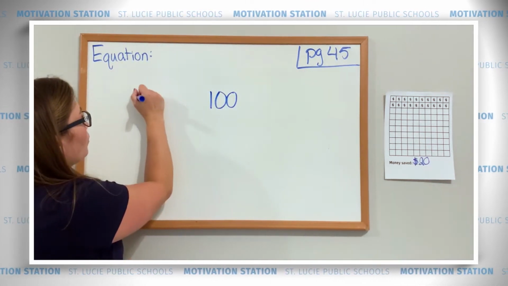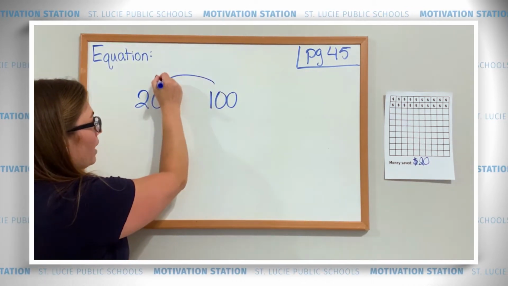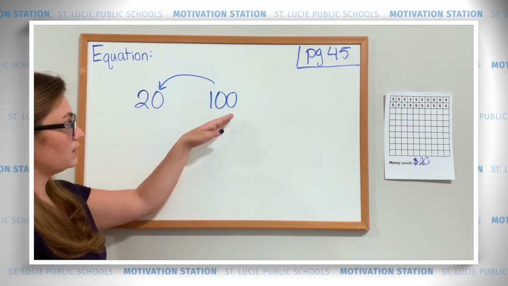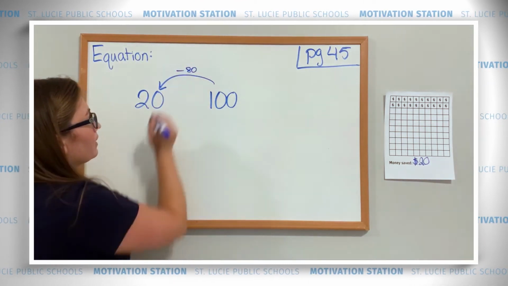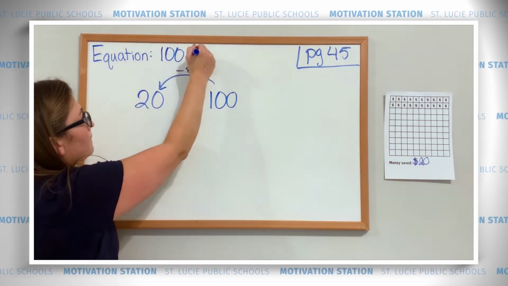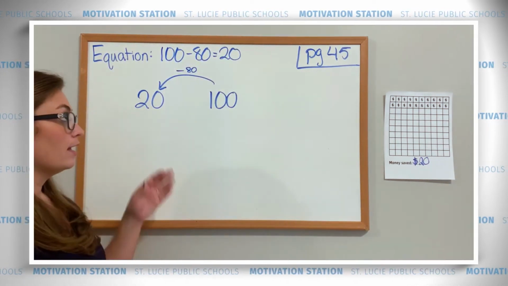Right now, we only have 20. What subtraction jump can we do? Well, to get from 100 to 20, we would need to subtract 80. So our equation would be 100 minus 80 equals 20.